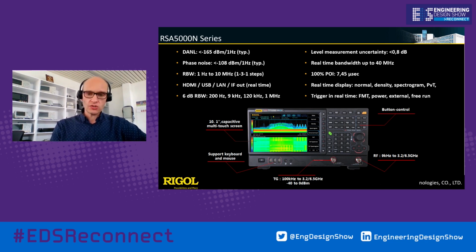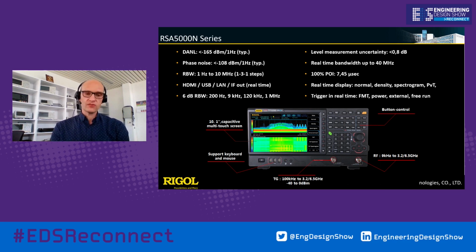The displayed average noise level is -165 dBm normalized to 1 Hertz, or the phase noise is -108 dBm normalized to 1 Hertz with an offset of 10 kilohertz. We have the possibility to adjust the resolution bandwidth from 1 Hertz to 10 megahertz in 131 steps, and the 6 dB filters are standard inside this test device.